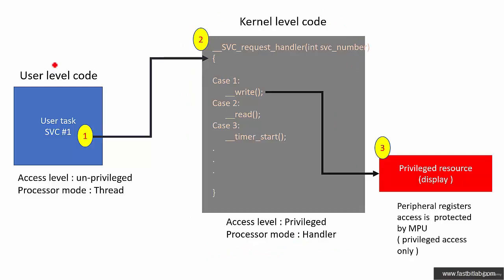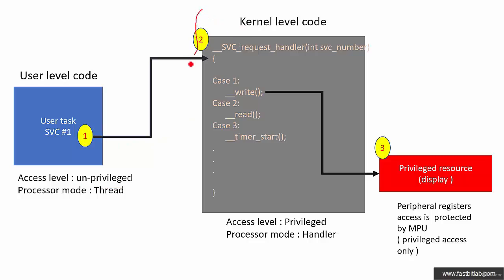Basically, user level code or user tasks run in thread mode, isn't it? And the kernel may grant unprivileged access levels to them. Otherwise, a user task may change any configuration of the system level registers and they can trample the security of the system, isn't it? That's why user tasks would be running in unprivileged access level.